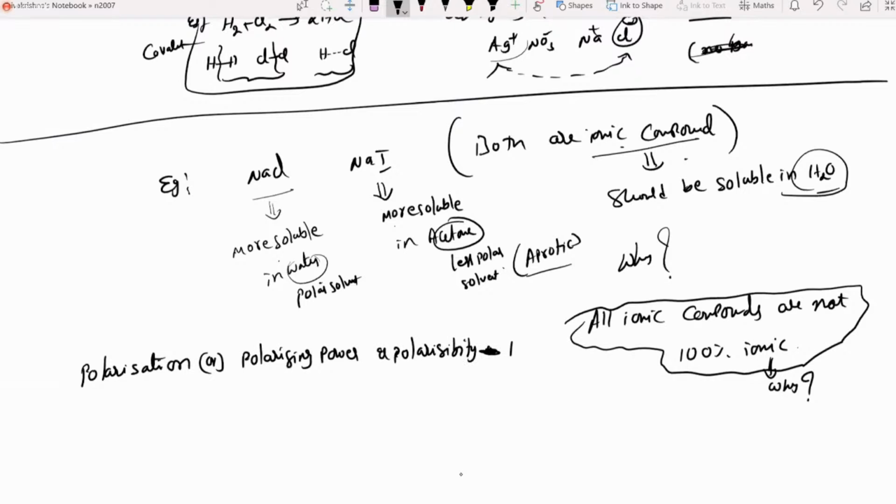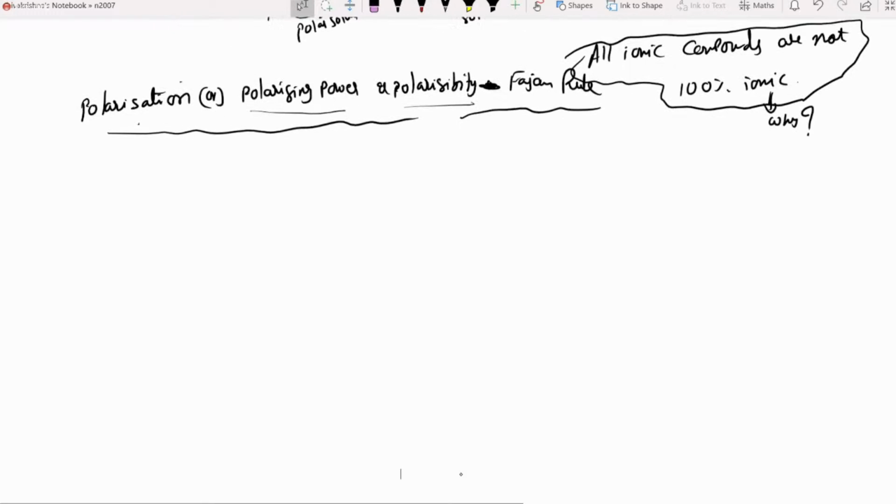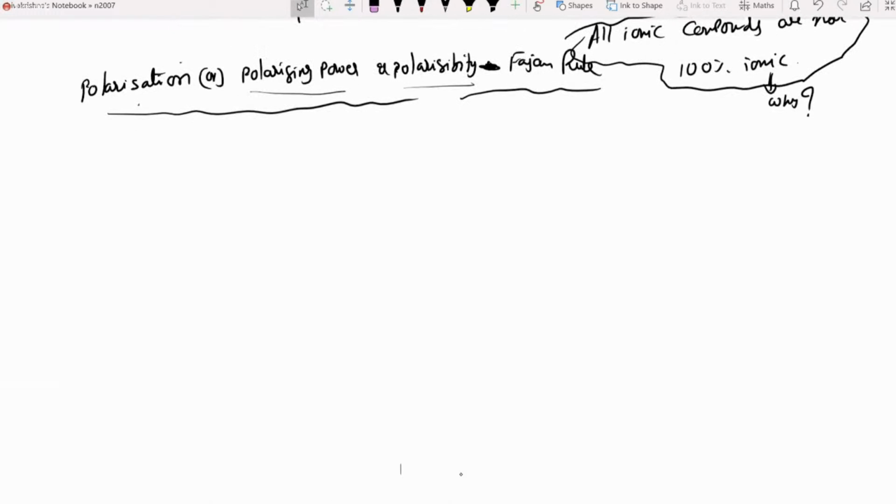These are all known by Fajan's rules. Yes, our next topic is actually Fajan's rule. Fajan's rules depend upon polarization. Polarization is nothing but polarizing power and polarizability. Are they interrelated, sir? Yes, if you know them one by one, you can understand.